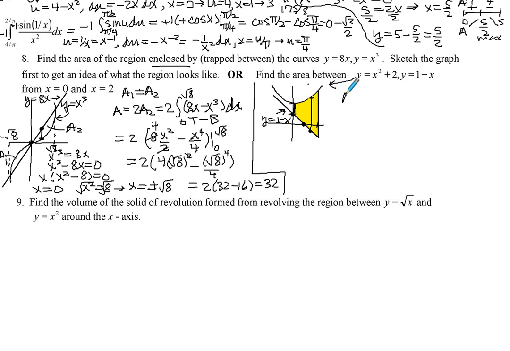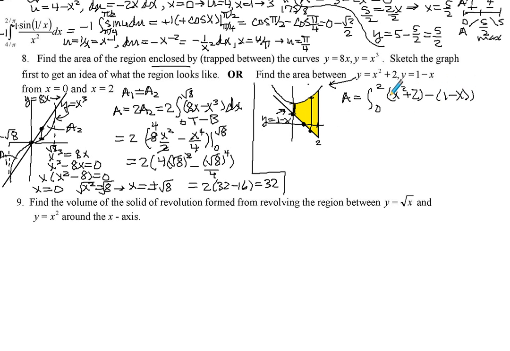So our area here is going to be the integral, we're adding up rectangles from x equals 0 to x equals 2. This is at 2. So 0 to 2. Top function is the x squared plus 2, and minus the bottom function, which is the 1 minus x.